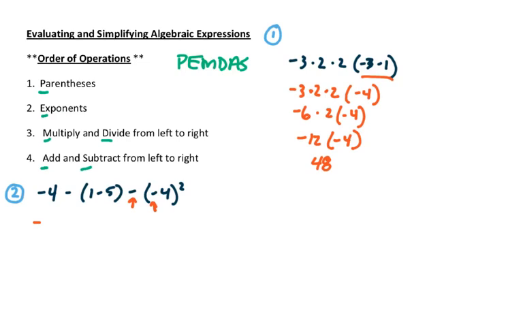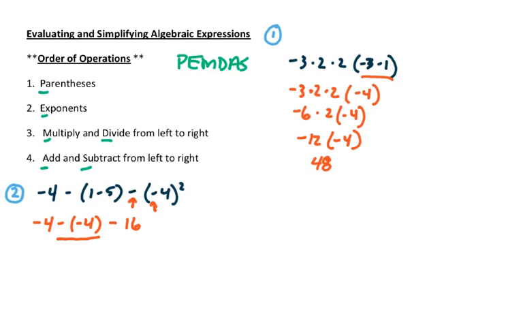We know we have to do the parentheses first. 1 minus 5 is negative 4 again. And then we've got this exponent, and I'm going to write it in the same step because I already took care of my parentheses. So we've got minus, and then negative 4 times negative 4 is positive 16. I already took care of the parentheses. I'm done with them. I left them here because I've got a little bit of an issue.